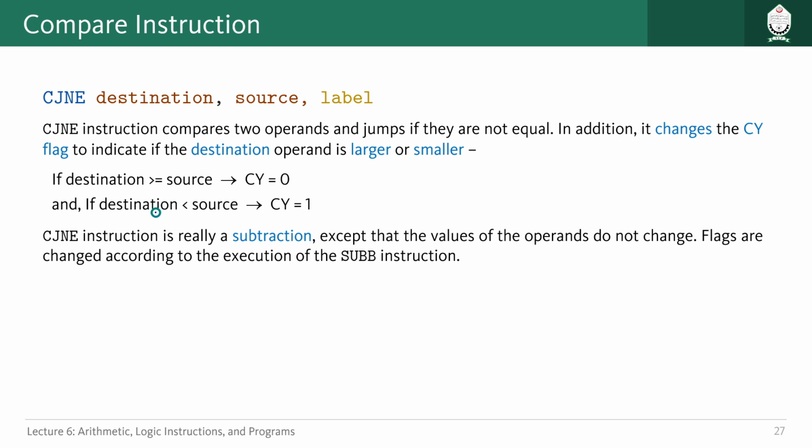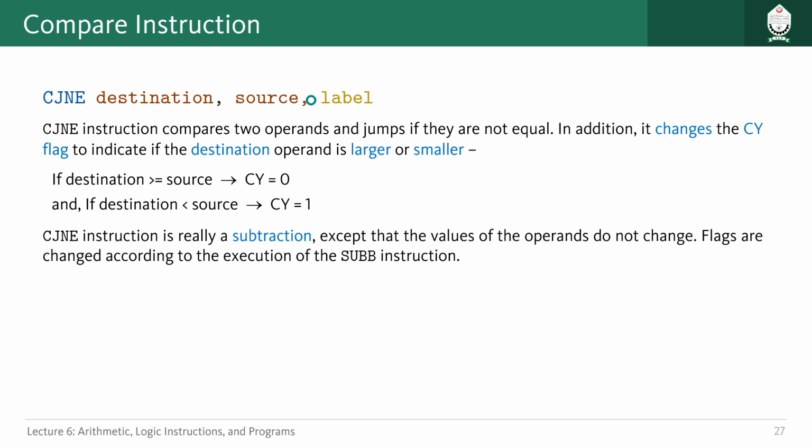And if the destination is smaller than the source, basically the minuend is smaller than the subtrahend, then to indicate the value is negative, we have a borrow or carry equal to 1. A similar thing happens here also, but the only difference is that the values of destination and source will not be altered, as happens in subtraction.